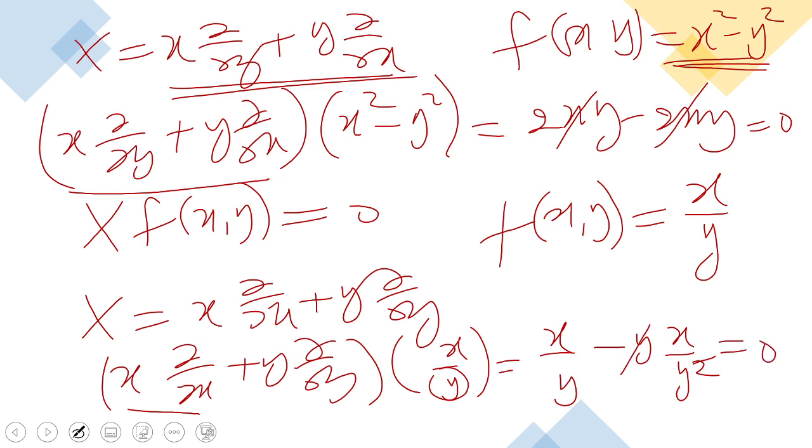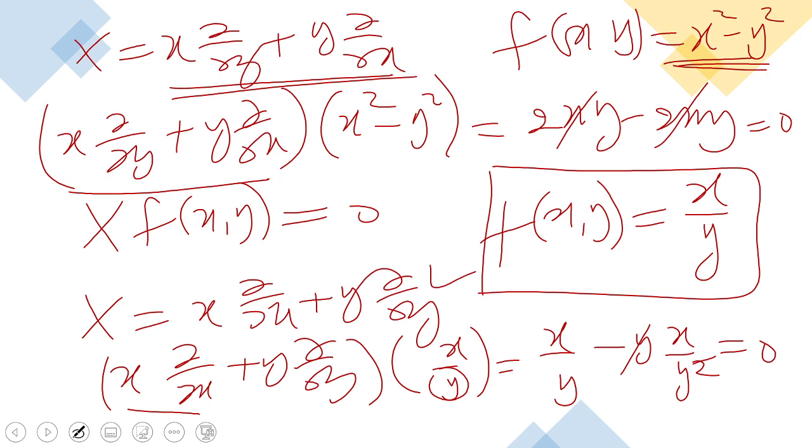That means this function is invariant under this symmetry generator. That means this is a symmetry for it.